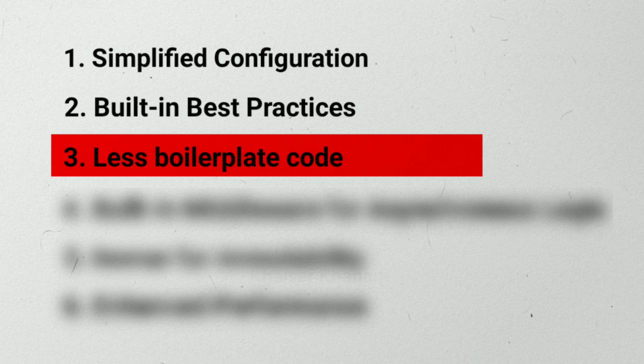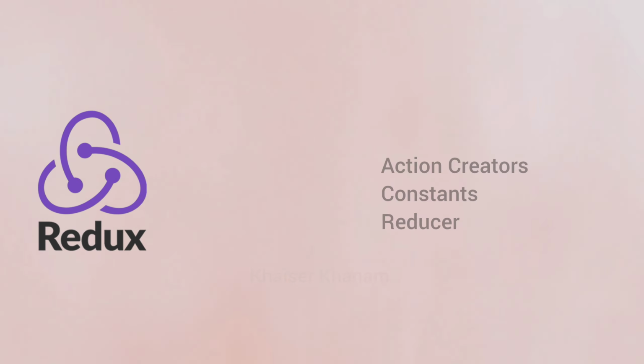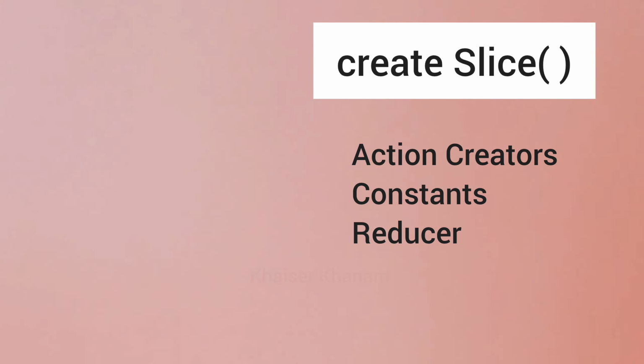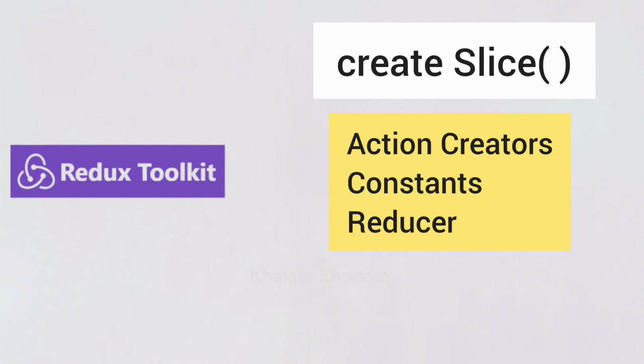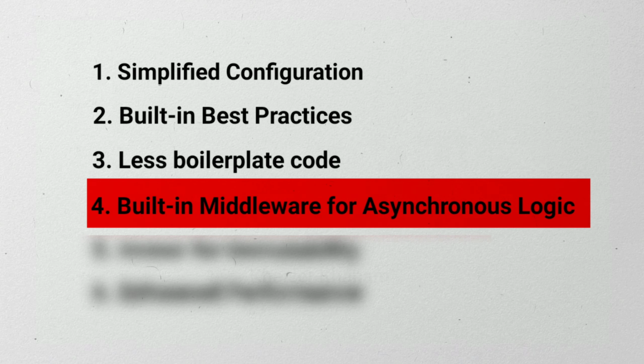Third reason, less boilerplate with the createSlice method. In the traditional way, Redux requires separate action creators, constants and reducers. But with createSlice, Redux Toolkit combines this into one single place. Then fourth reason, built-in middleware for asynchronous logic.